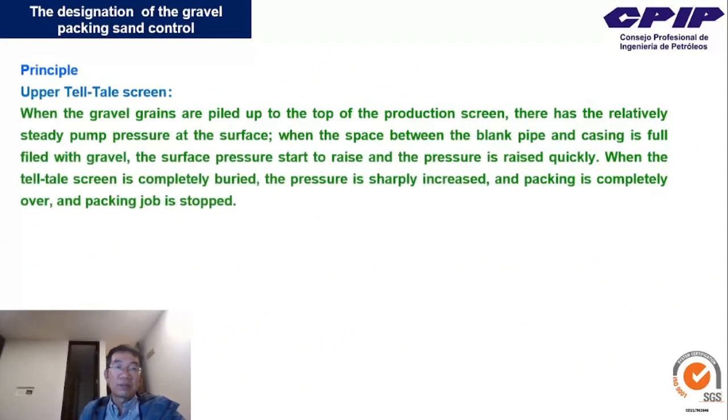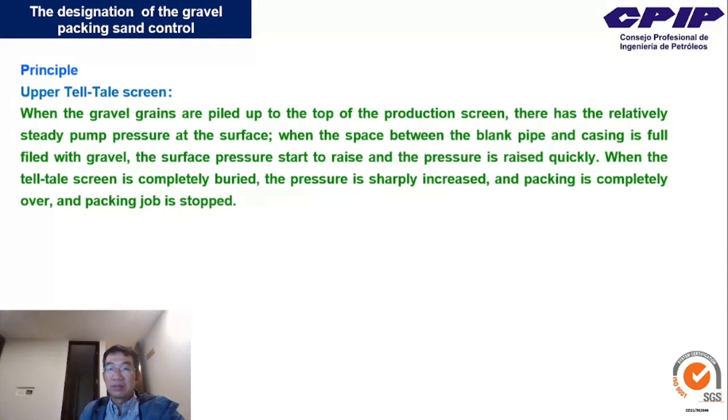Principle of upper screen. When the gravel grains are piled up to the top of the production screen, there is a relatively steady pump pressure at the surface.